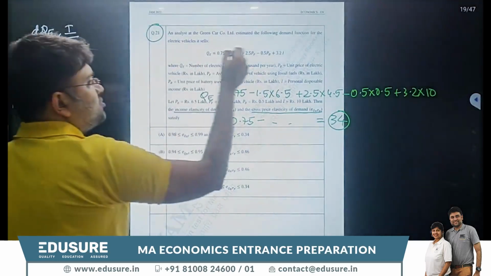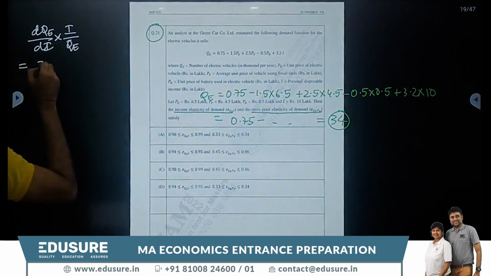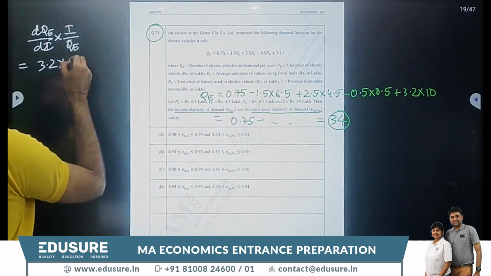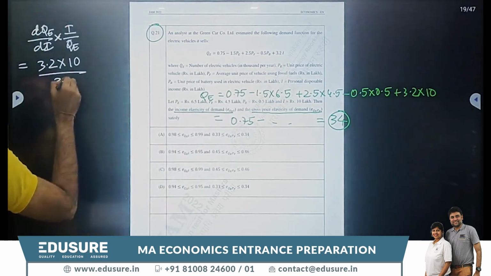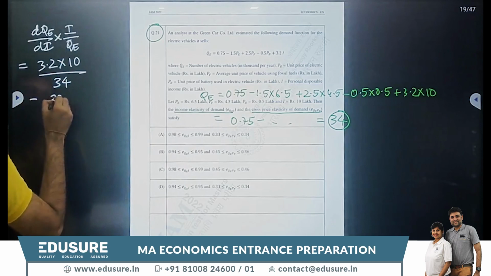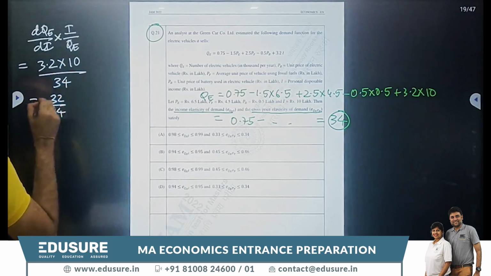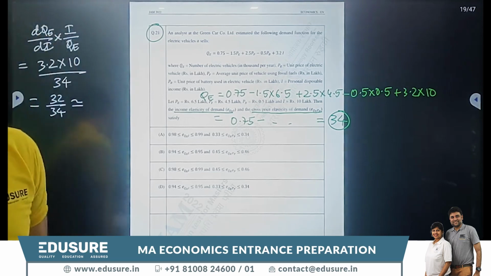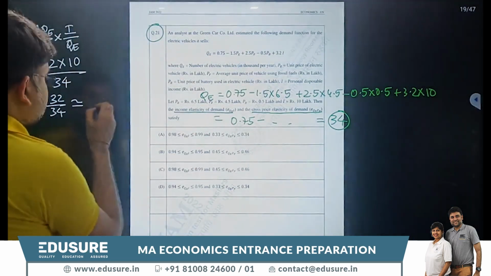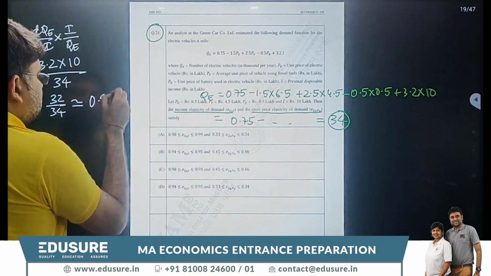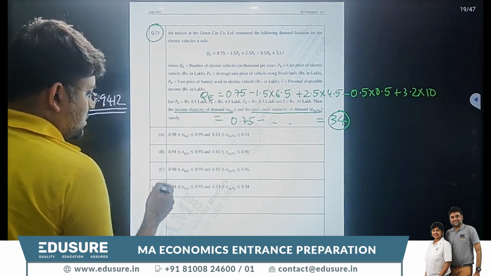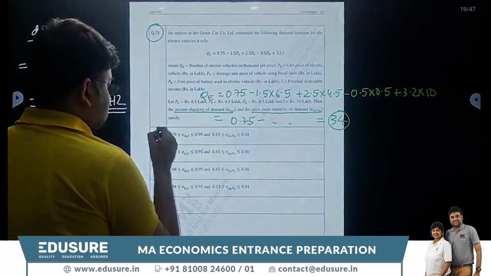I just have to differentiate with respect to I. 3.2 multiplied by I, which is equal to 10, and QE is equal to 34. So basically 32 by 34 is what I will get, which is approximately 0.9412. So these two are not the answers.